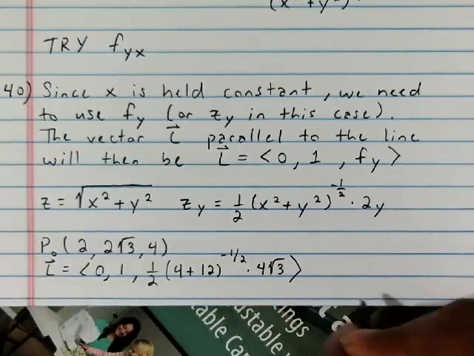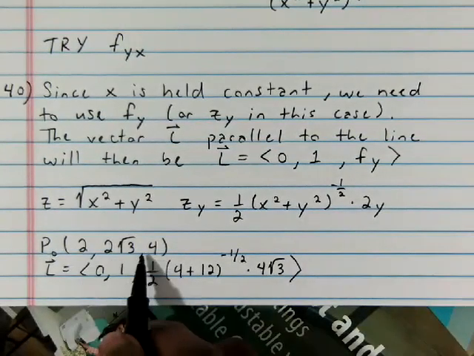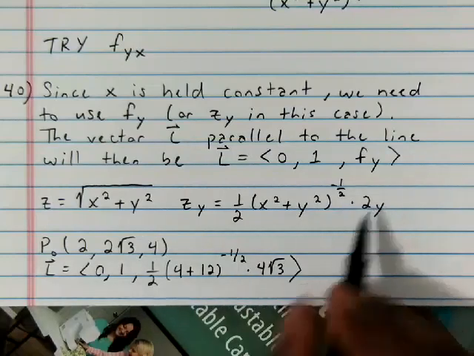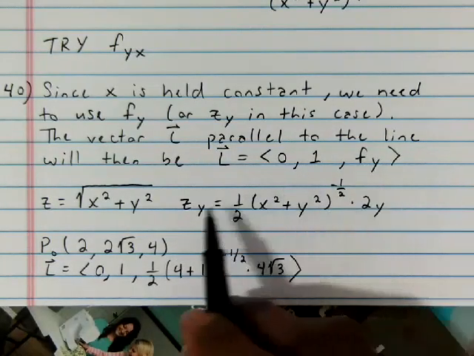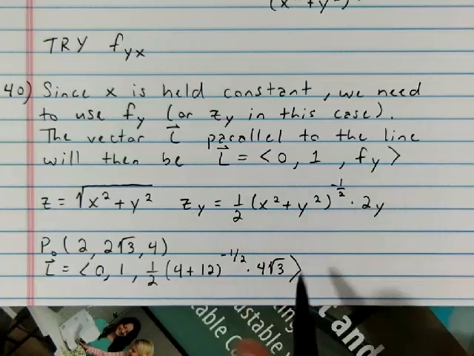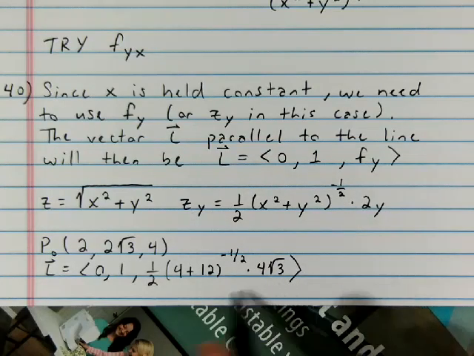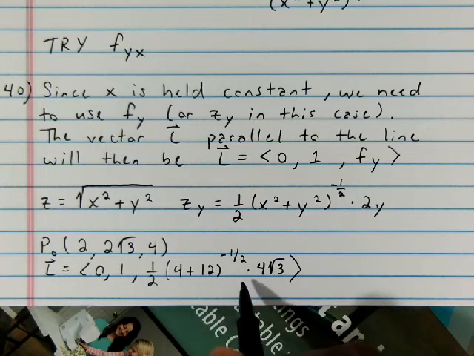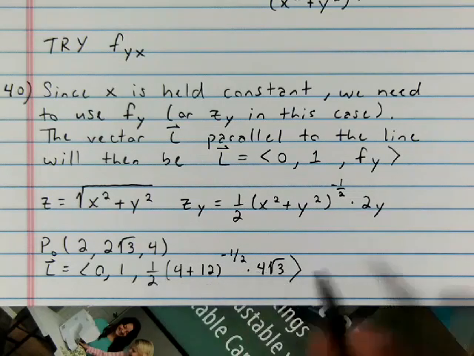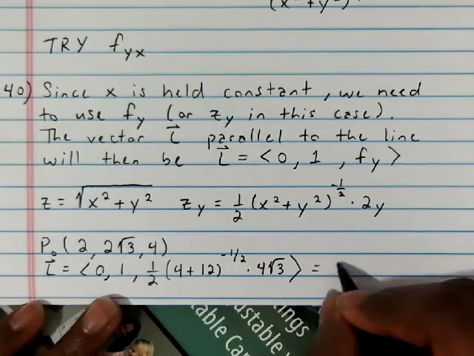So all I did was plug this point into z sub y, and remember z and f can be used interchangeably, so those are the same thing. Now you would of course simplify, because that will simplify nicely, and that would give you your vector L.